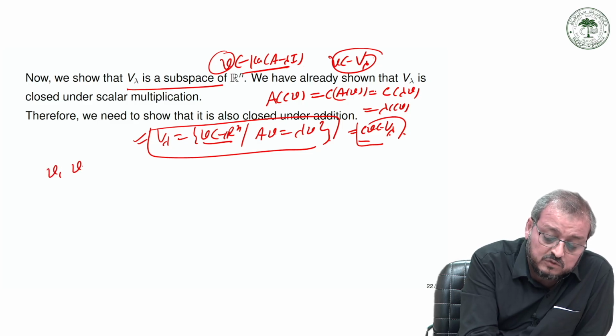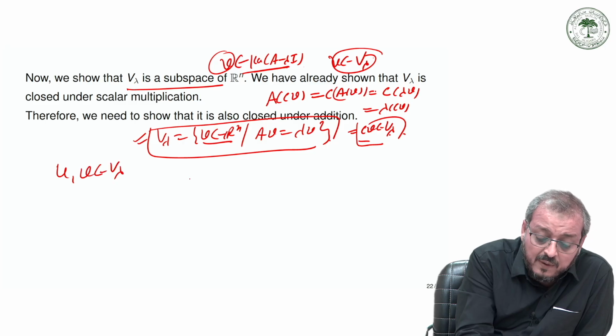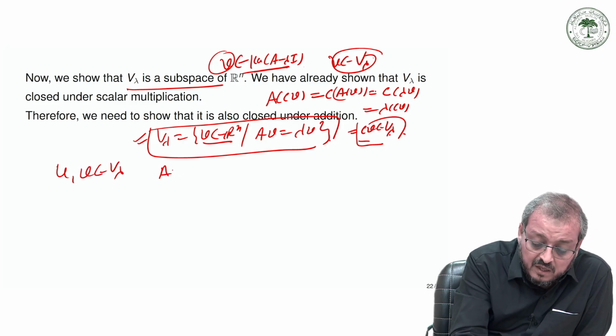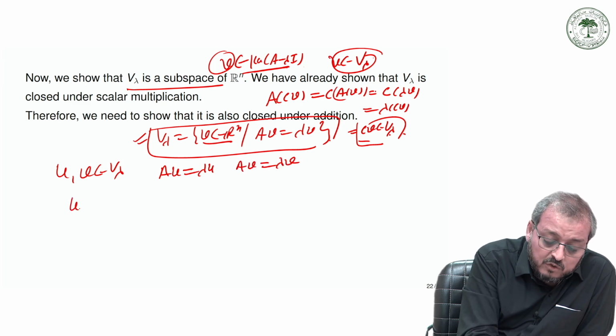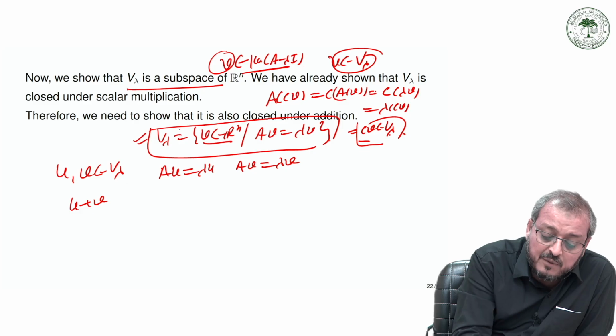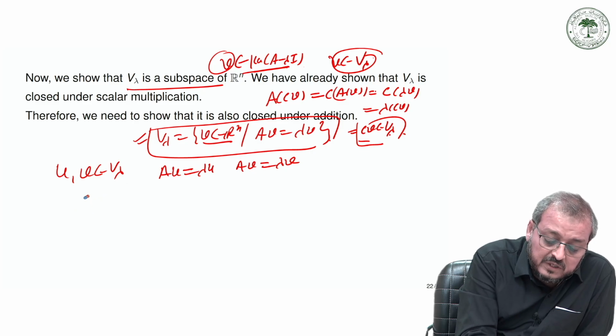Now we take two vectors, u and v, and check. For example, u and v are elements of V lambda, so A u is the same as lambda u, and A v is the same as lambda v. Now we show that u plus v is also in V lambda.